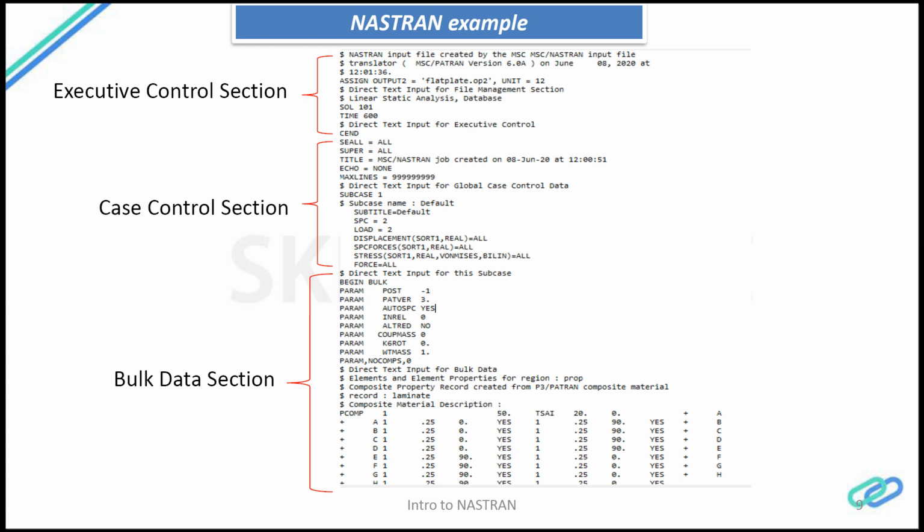Then the case control section will control the load cases. All the load cases you create will be listed here, and what kind of output you are requesting for that particular load case will also be shown here. And then the bulk data section, which is the complete finite element model.